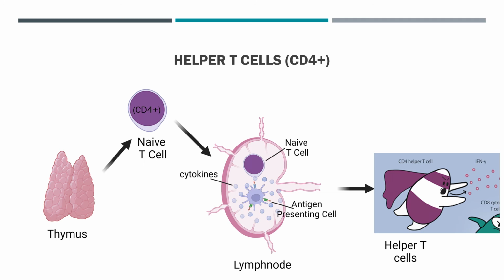Now, there are other classes of helper T cells, and based on the cytokines that it's exposed to, it will say which pathway to follow. For instance, if we have allergens or parasites in our body, we will be exposed to IL-4.